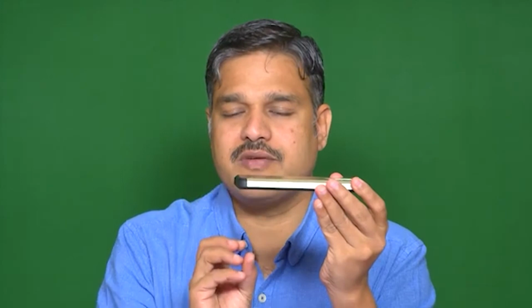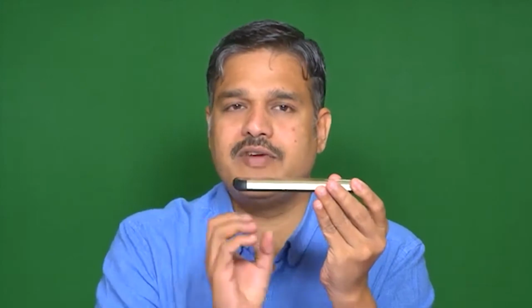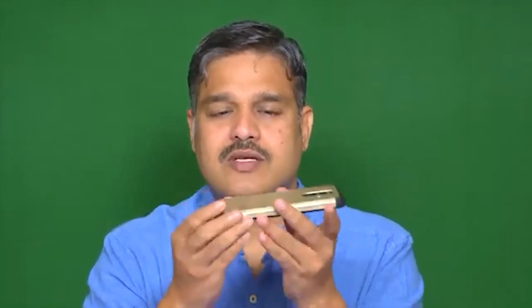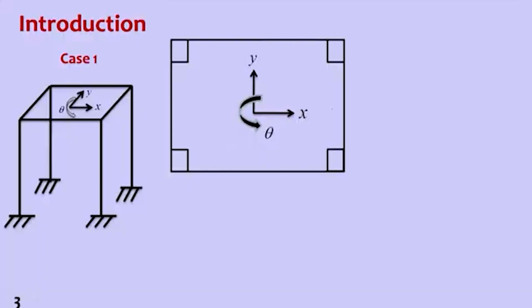But if the stiffness of any column is different from the other columns, then even if I pull in one direction, it starts twisting. I will show you a model and illustrate this in a little more detail in the next class.